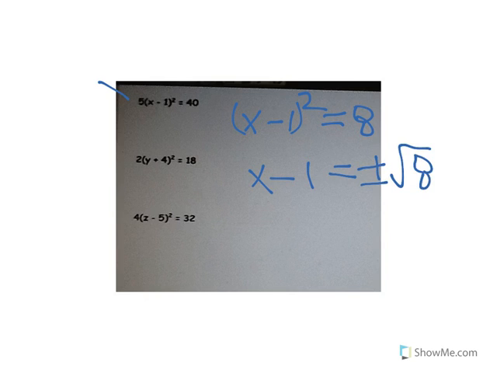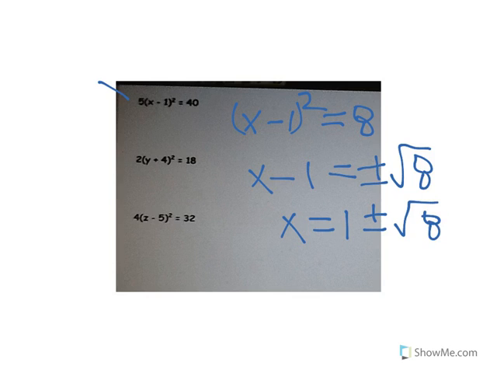So here, for this one, we're going to divide by 5 to start with. So it's going to be x minus 1 squared is equal to 8. Then you take the square root, so x minus 1 is equal to plus or minus the square root of 8. So now x is equal to 1 plus or minus the square root of 8.